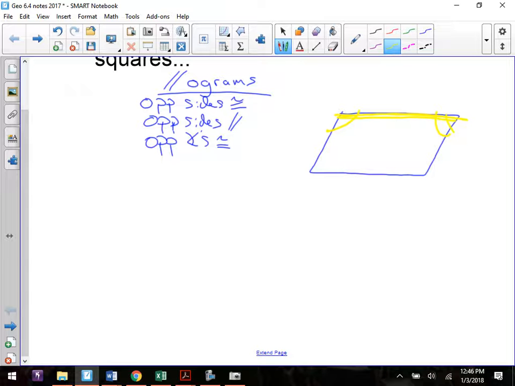So if angles share the same line, they're supplementary. And what else is there? Yep, diagonals bisect.